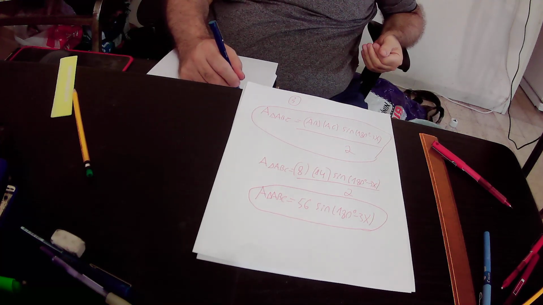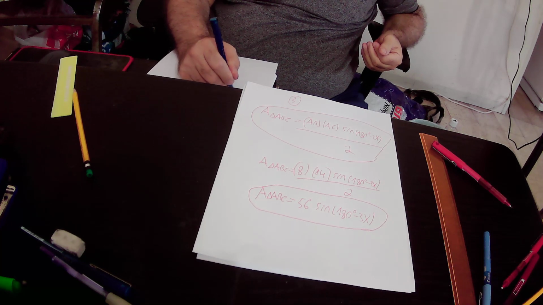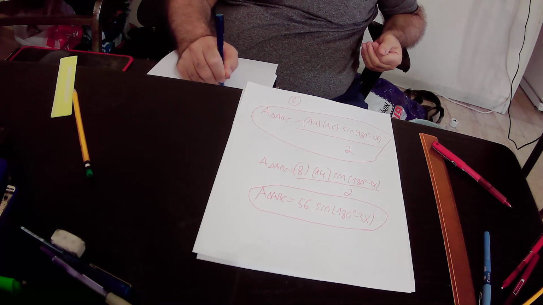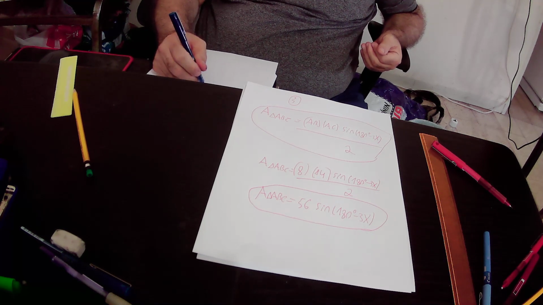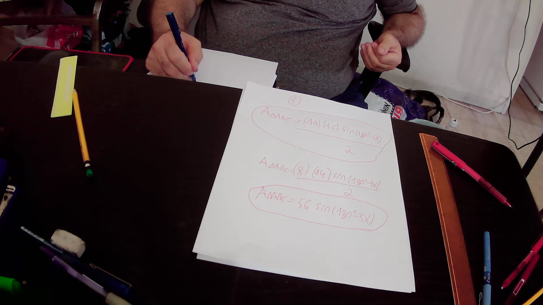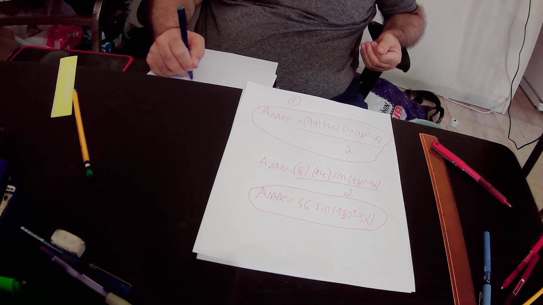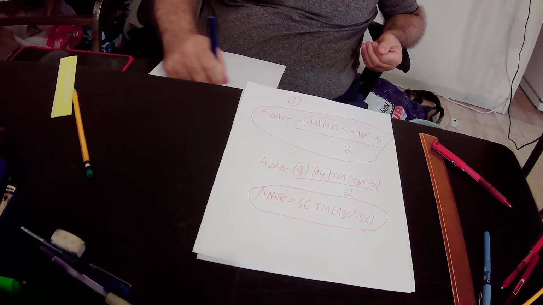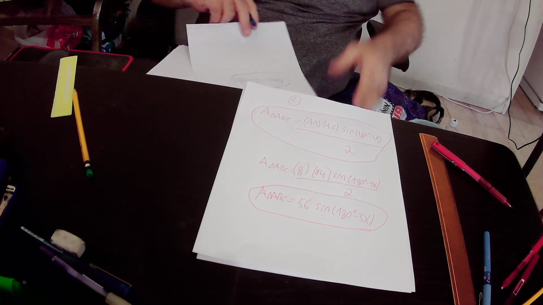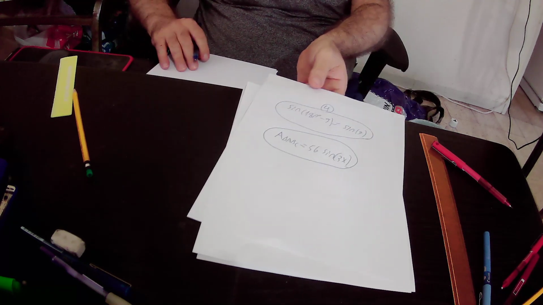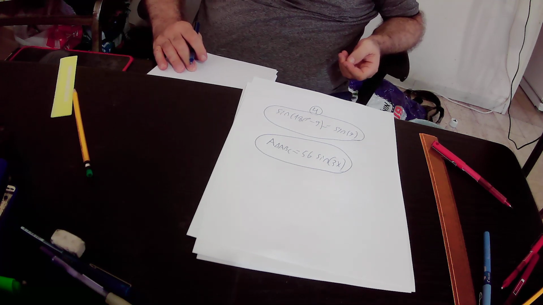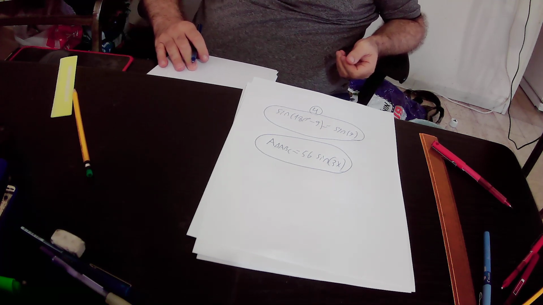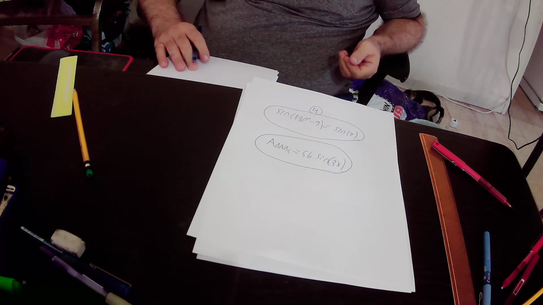So we can write down that the area of triangle ABC equals 56 times sine of 3x. We found out that the area of triangle ABC equals 56 times sine of 3x.